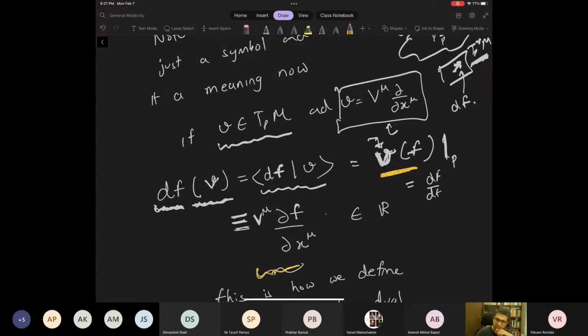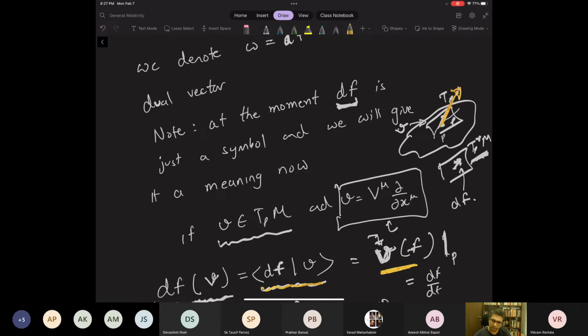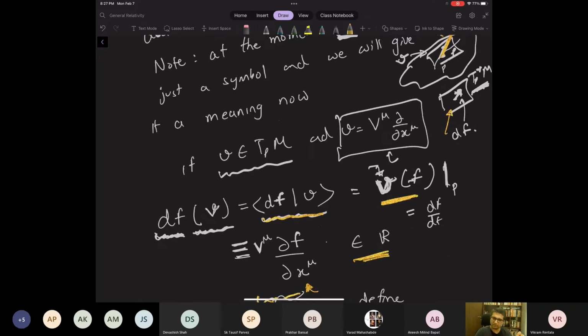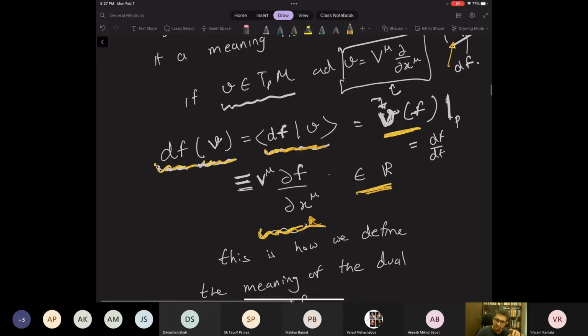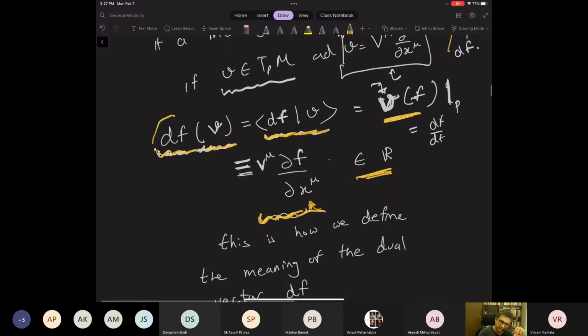So in component notation, this is going to be v^mu partial f partial x mu, and this belongs to the real numbers. So it does give you a proper inner product. It returns a real number for you. So what did we do? We took a vector from here, we took a dual vector from the dual vector space, and we gave a prescription for what happens when this dual vector and this vector are dotted together. Then you get this quantity. This is actually how you're defining these dual vectors.